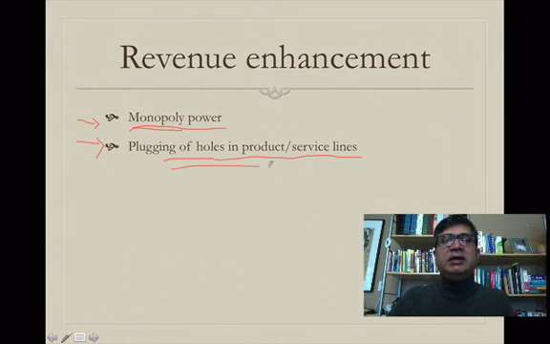If a company has a hole in its product line or service line, they have a choice to spend time and money to build that product and service and bring it to the market. For example, several years ago, Google concluded that people would be watching video online in great numbers.